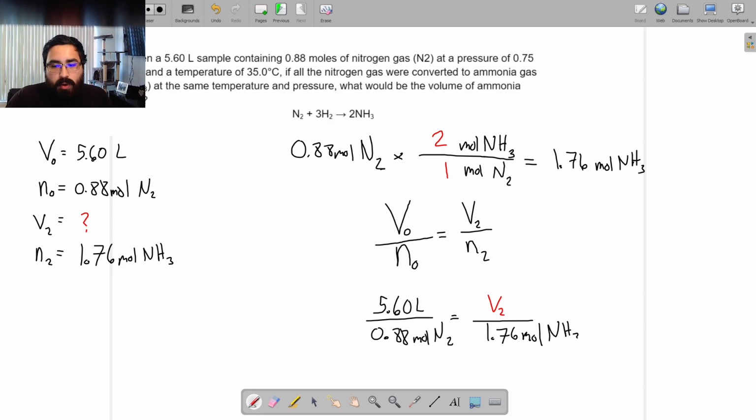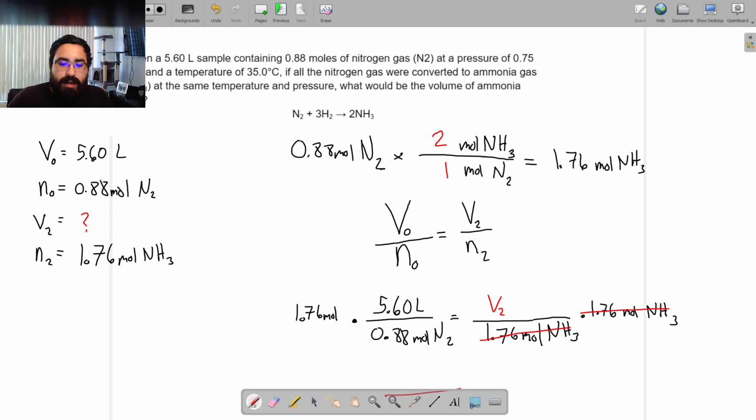So what we've got to do is get rid of this denominator, right? So multiply both sides by 1.76 moles of NH3. Whatever you do to one side, you've got to do to the other. It's the rules of math, all right? If you're going to use math, you've got to follow the rules. So it cancels here.